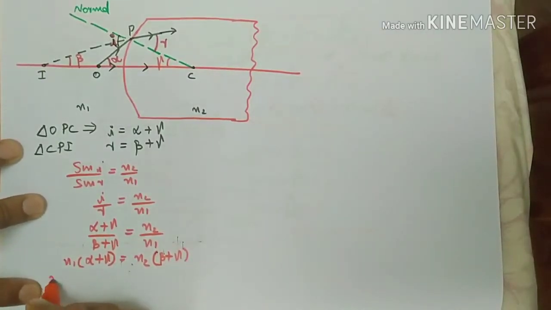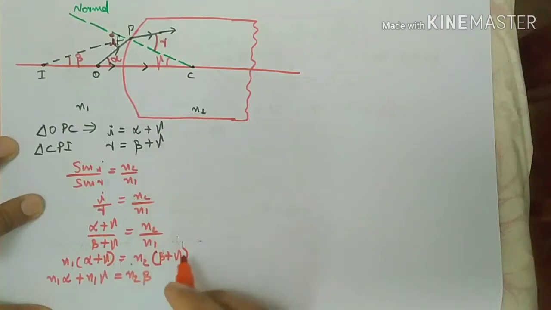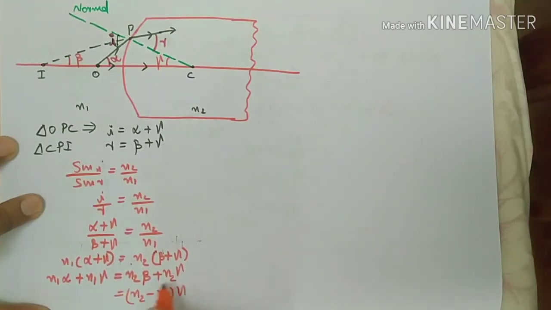Then n1 alpha plus n1 gamma is equal to n2 beta plus n2 gamma. Taking gamma to one side, we get (n2 minus n1) into gamma is equal to n1 alpha minus n2 beta.